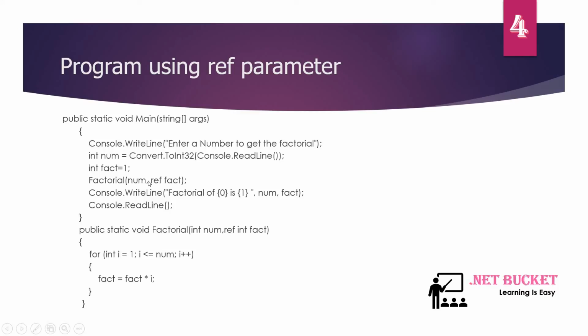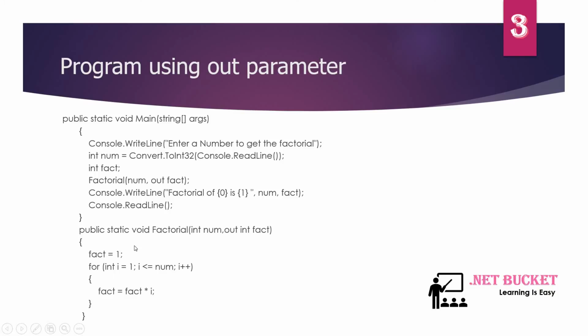Similarly, for ref, the only difference is you have to pass it as ref, and the variable that you are passing should be initialized with some value. And if you are using out, the variable should be initialized in the function.